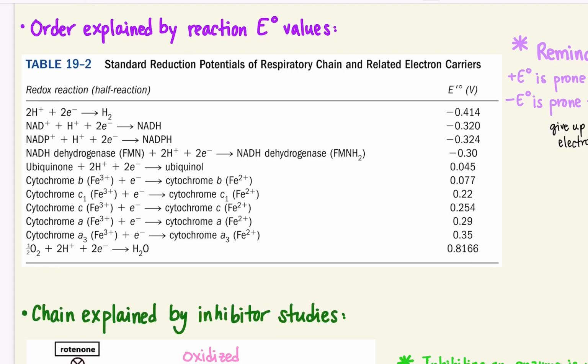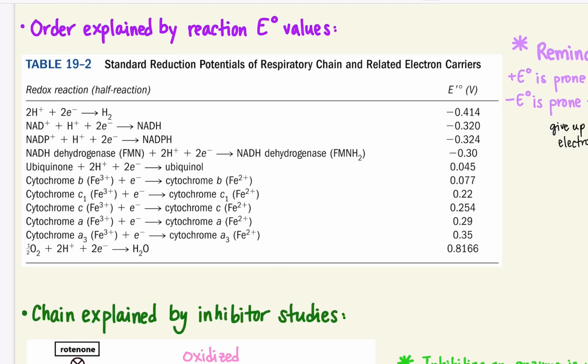So you see how from the top to the bottom, numbers grow, meaning as you go from this complex to this, and then from this to this, and from that to that, the reactions become more and more prone to getting reduced, meaning they become more and more prone to wanting to get those electrons.